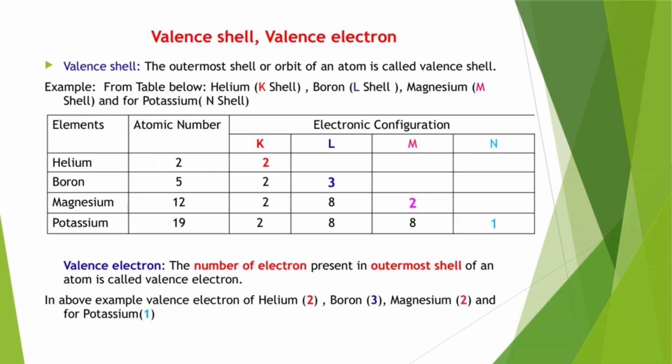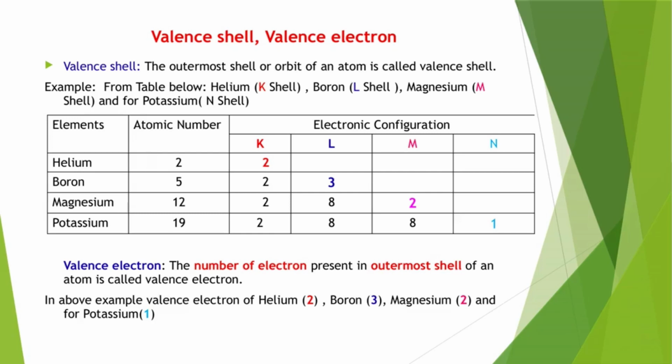In magnesium, atomic number 12, the electronic configuration is 2 electrons in the K shell, 8 in the L shell, and 2 in the M shell. In this case there are altogether 3 shells in which electrons are arranged, and the outermost shell is M, in which 2 electrons are there.